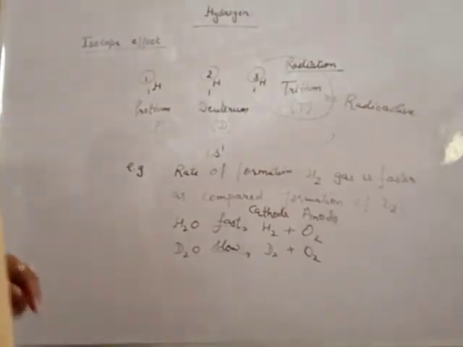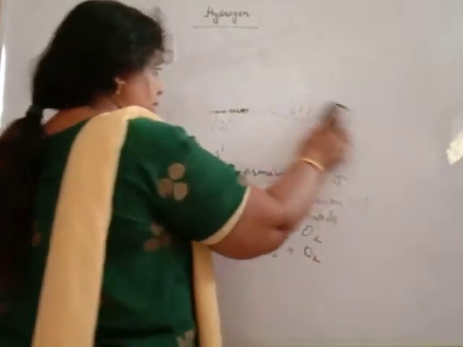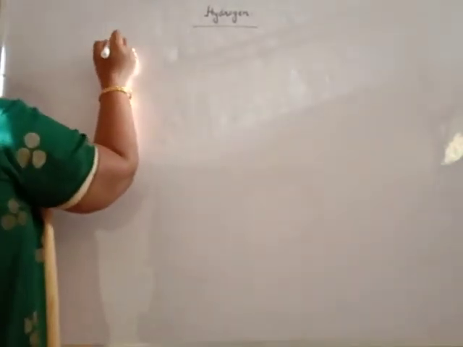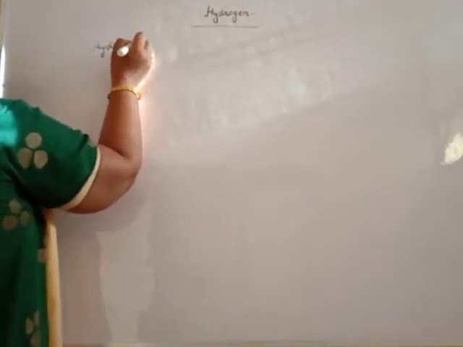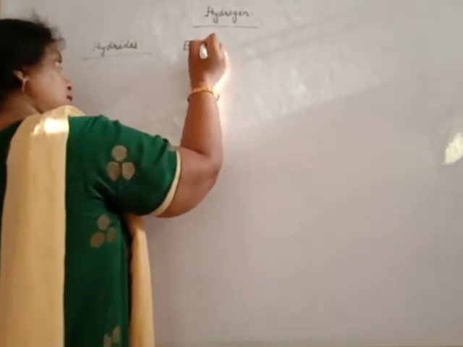Now hydrides, beta. Preparation of hydrogen and chemical and physical properties of hydrogen are not in your syllabus. In your syllabus, hydrides. Hydrides are binary compounds of an element and hydrogen with general formula EHx.